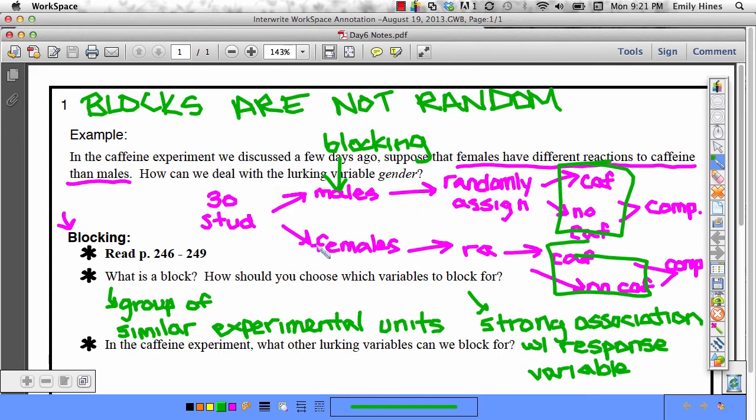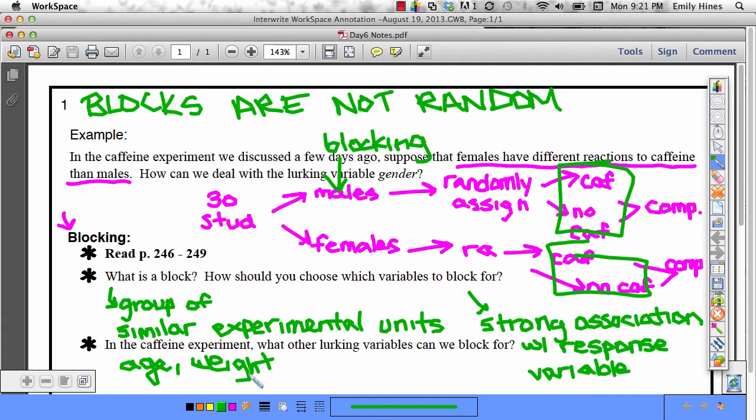So in this experiment, what else could we block for? We could block for maybe age, or we could block for weight. We could block for other things that might affect whether or not the caffeine affects the person.